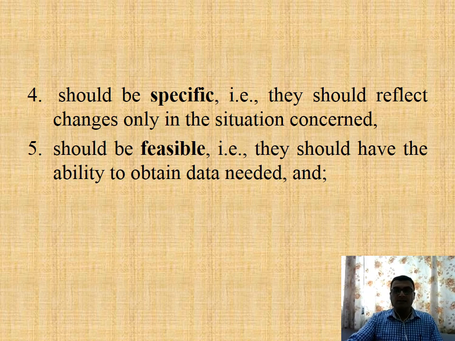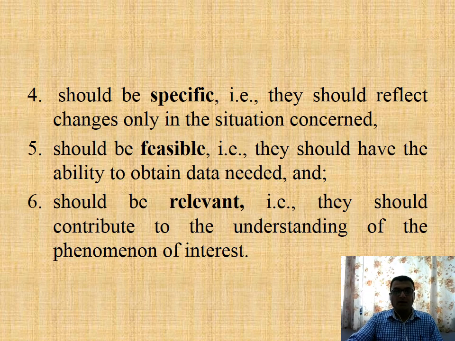That means they can be easily implemented to obtain the data needed. And the last characteristic is that they should be relevant. That is, they should contribute to the understanding of the phenomenon of interest. So these are the six characteristics of ideal health indicators.